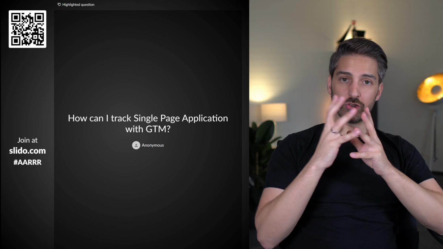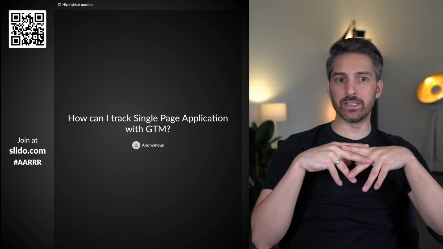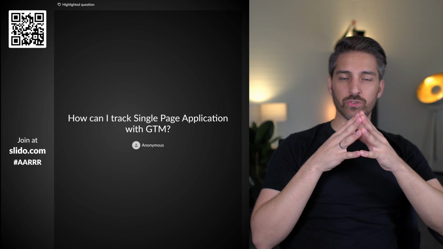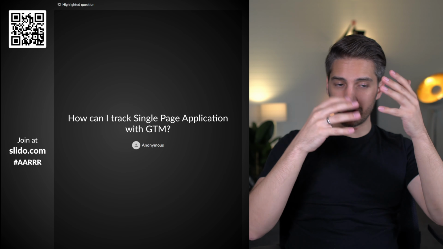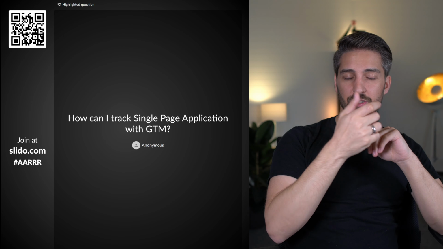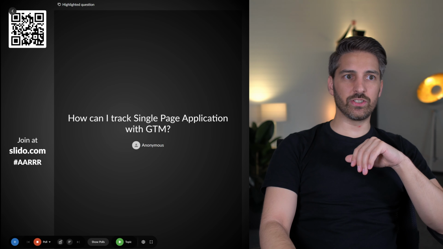What you usually can use, let's say you have a single page application built on Angular or React, and you used a router, which is very common to manage your URLs, then this is still a browser history change. And instead of page view, you can use the history change. Let me show you.